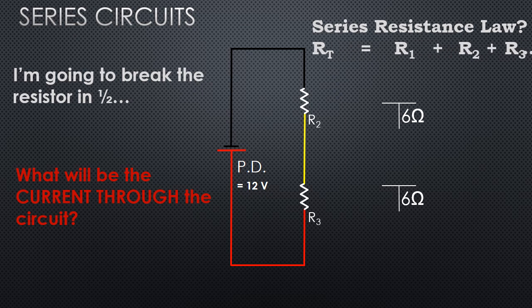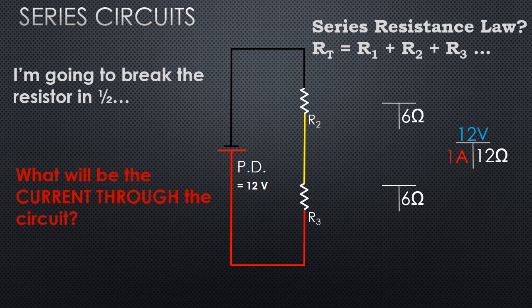So our series resistance law is: the total resistance in any series circuit is equal to the resistance of all the loads added together, R1 plus R2 plus R3. So in this case, 6 plus 6 is back to our original 12 ohms. We have 12 volts across both of those resistors, from the black to the red, and that means we have 1 amp flowing through the circuit.